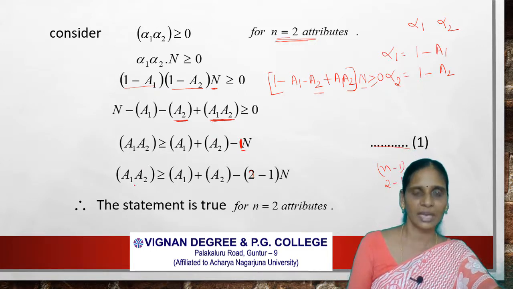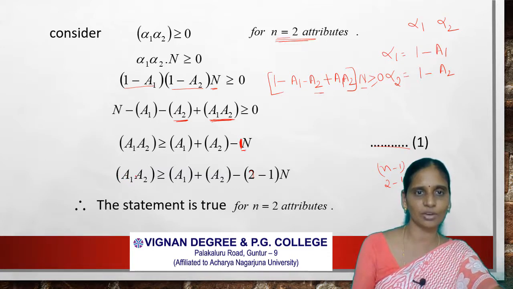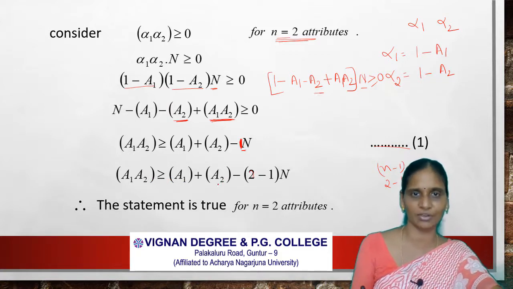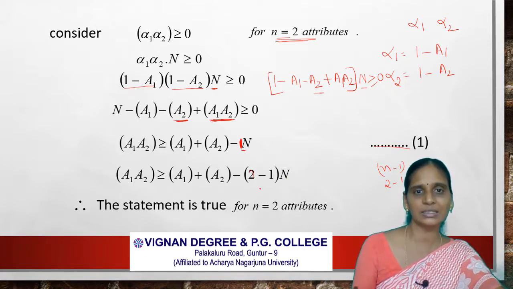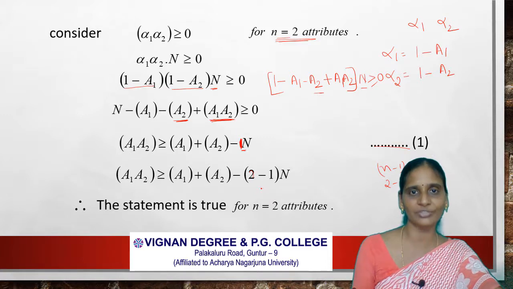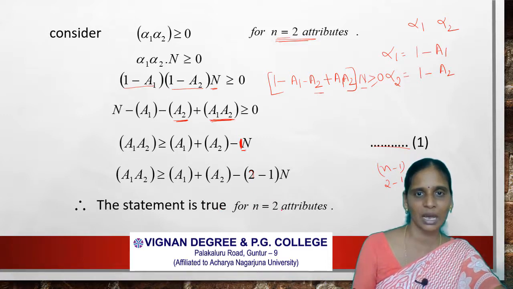So therefore the result of this expression is frequency of a1 a2 greater than or equal to frequency of a1 plus frequency of a2 minus (2 minus 1) into n. So this result is similar to the statement of this theorem. Therefore the statement is true for n is equal to 2 attributes.